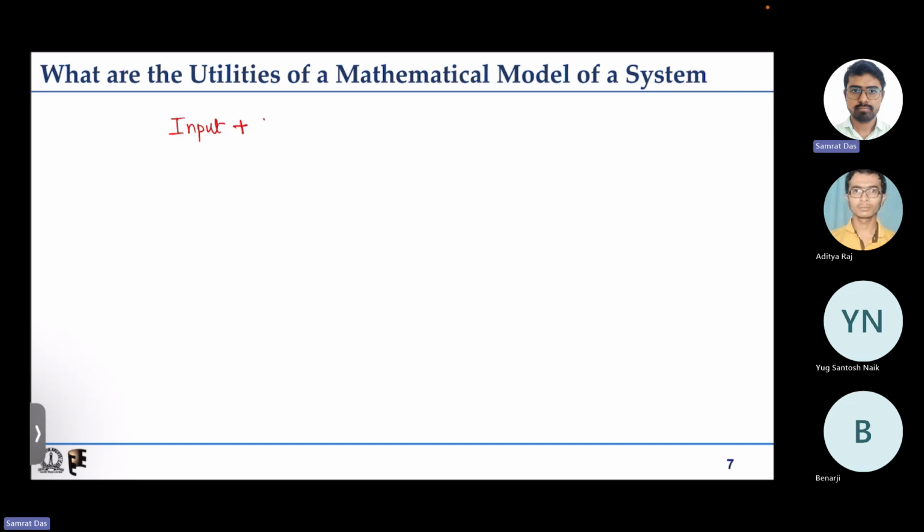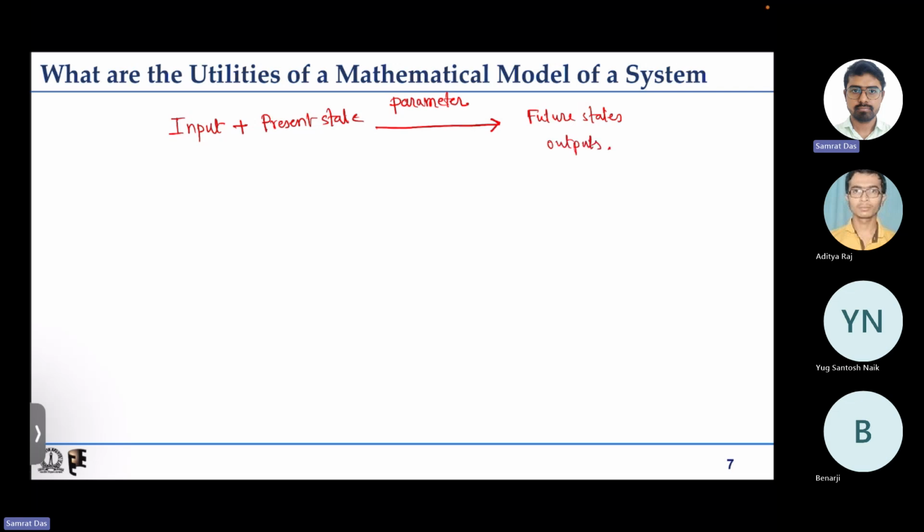If we know the present state, if we know the input, if we know the parameter values, we'll be able to say what the future states are and what the outputs are.